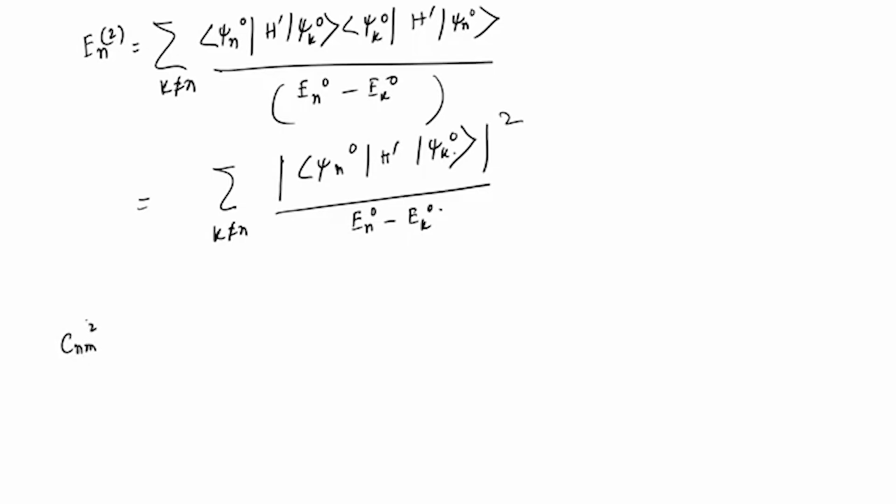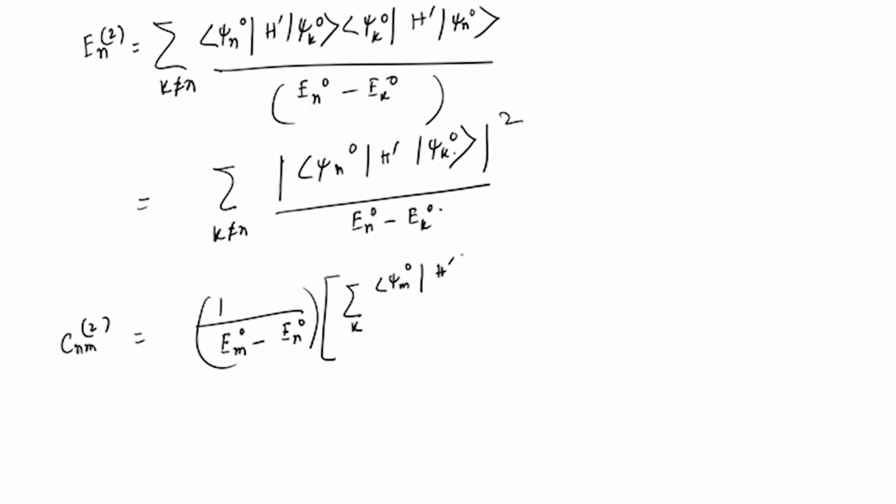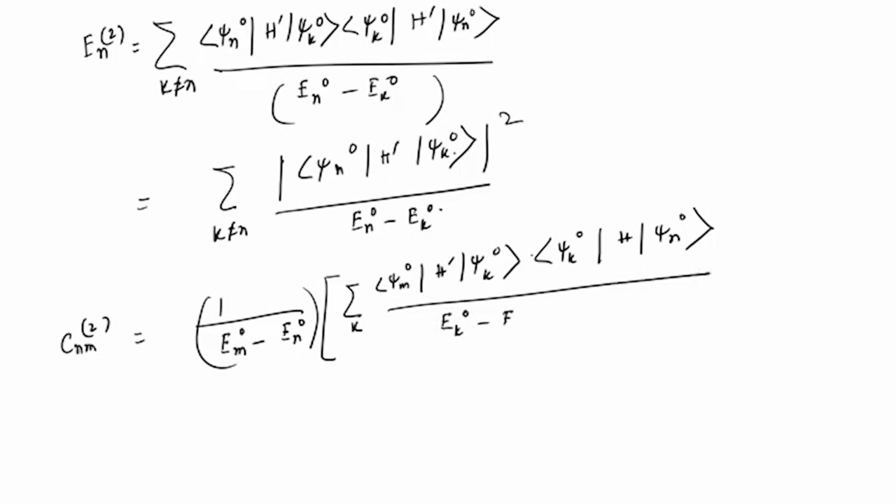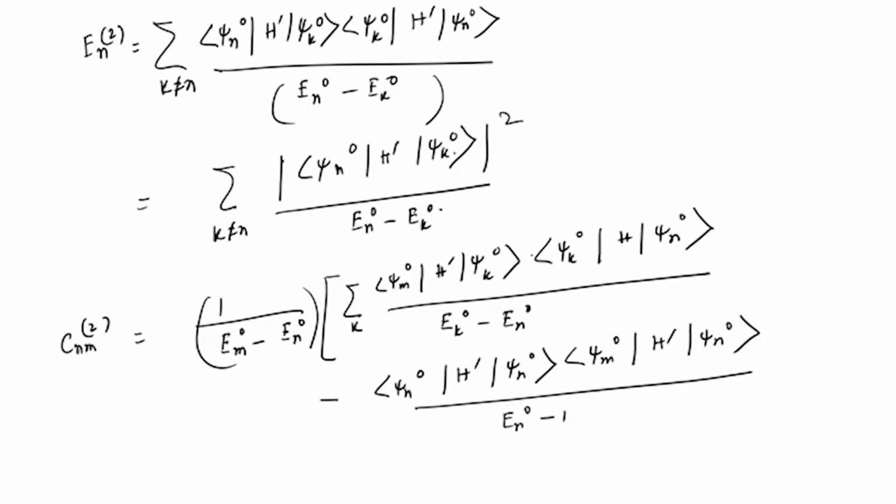So C_nm^(2) is equal to 1 divided by E_m^0 minus E_n^0, times the sum over k of ψ_m^0 H′ ψ_k^0 and ψ_k^0 H′ ψ_n^0, divided by another energy denominator which is E_k^0 minus E_n^0, and minus ψ_n^0 H′ ψ_n^0 times ψ_m^0 H′ ψ_n^0, divided by E_n^0 minus E_m^0.